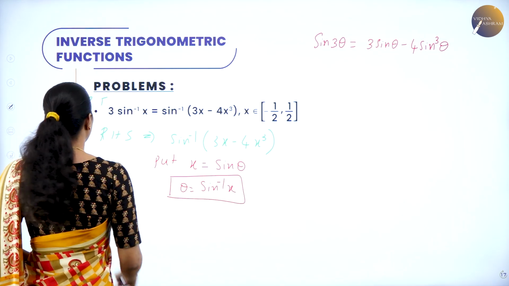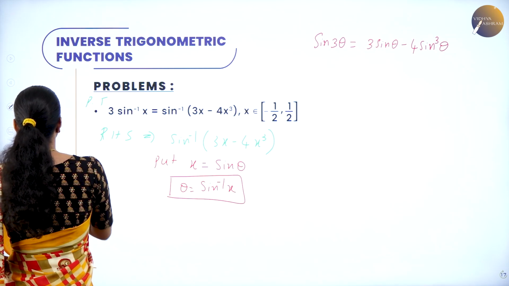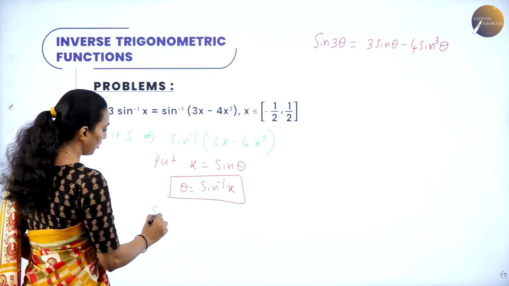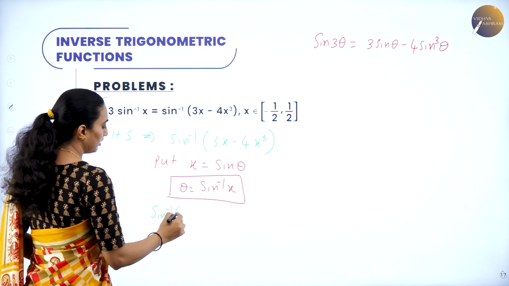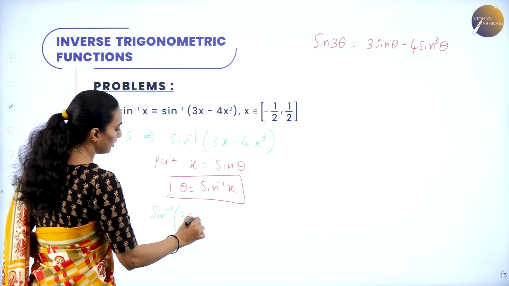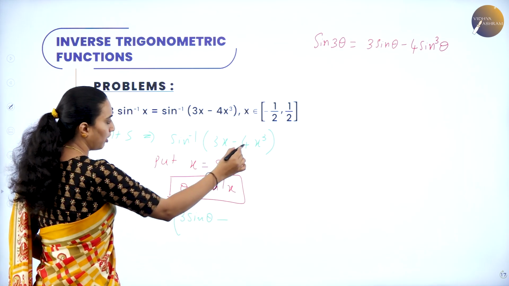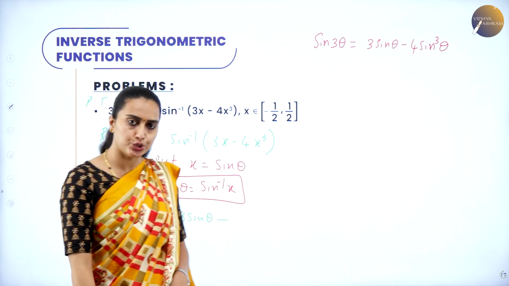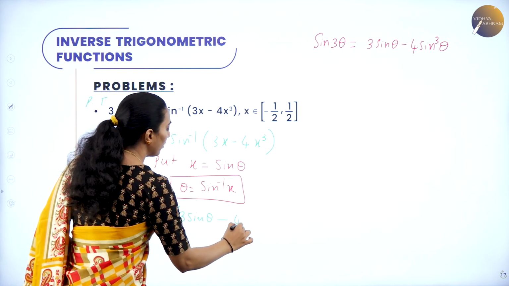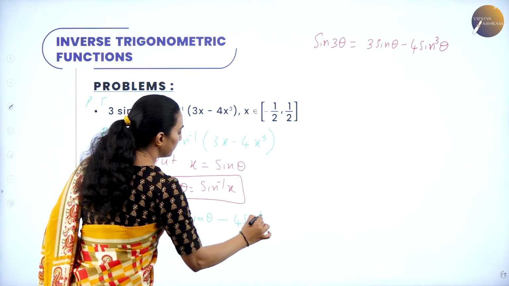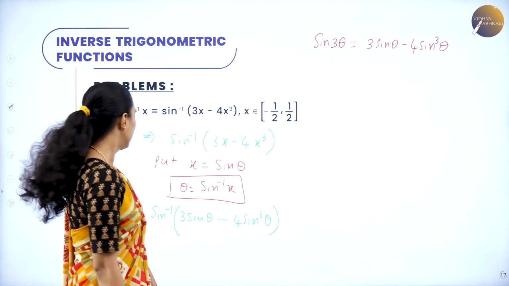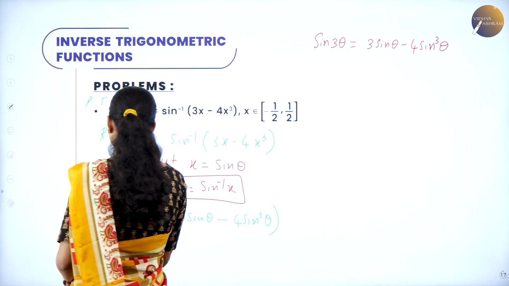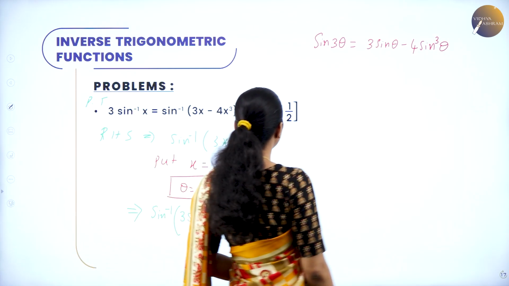Now we are going to have the right hand side sin inverse of 3 into sin theta minus 4, and sin theta whole cube is what? Sin cube theta. So therefore 4 sin cube theta. Please don't forget about that.